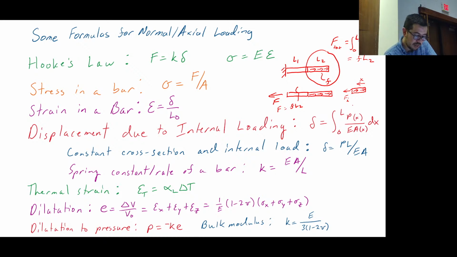Well, I would say that Fi is equal to the integral from 0 to x of f dx. Okay? So the more of that length that distributed force is acting over, the higher the internal force is going to be. And once I get all the way to L2, once I get to this point, I've got all that force.